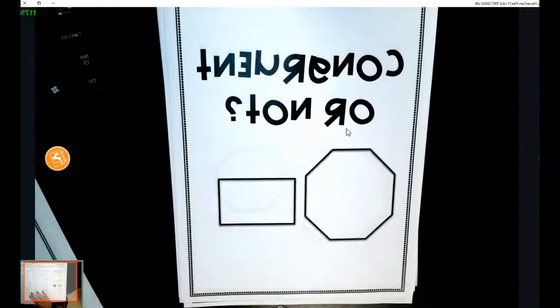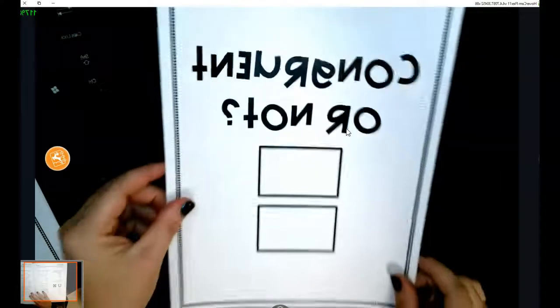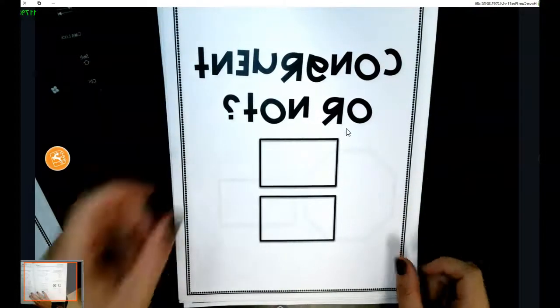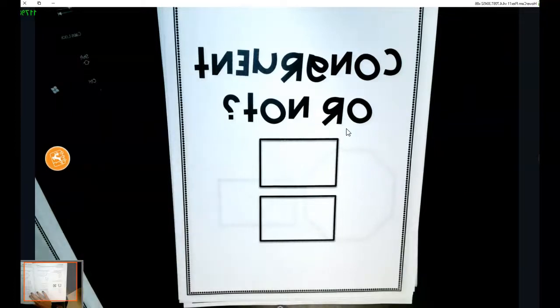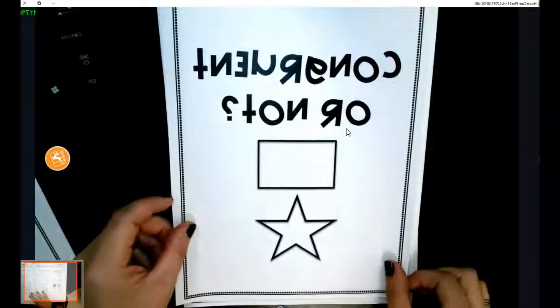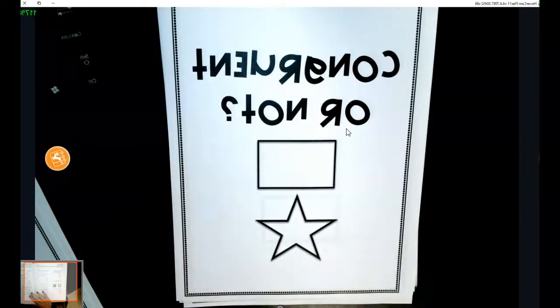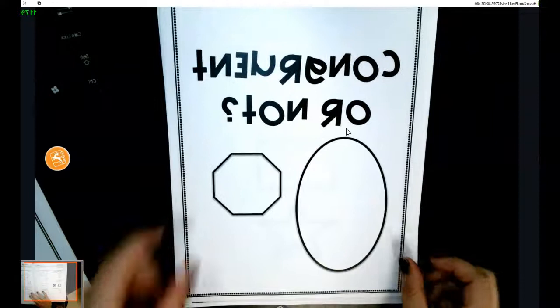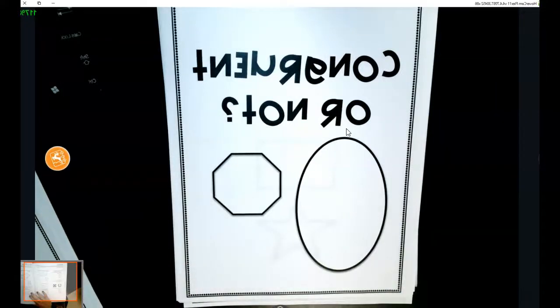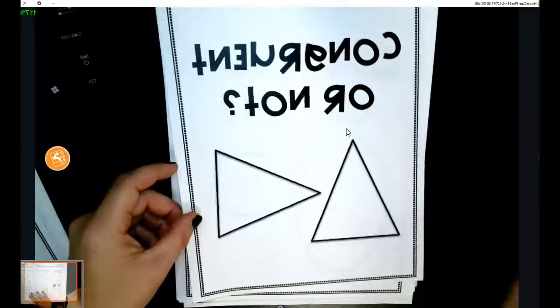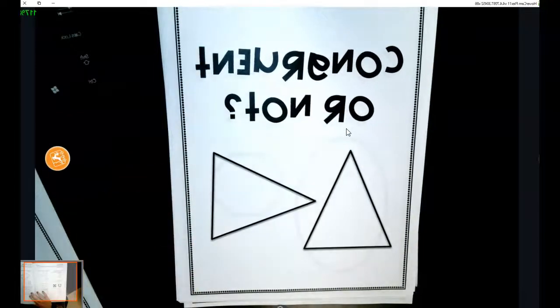Nope, not congruent. Two different shapes. Yes, good. Same size and same shape. No. No. Oh, look carefully. Yes, they're the same shape and the same size.